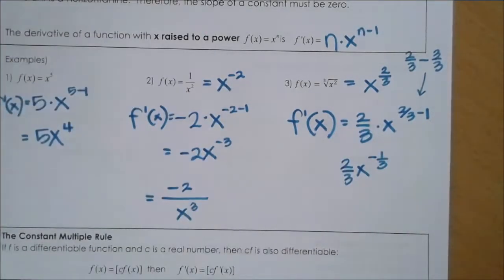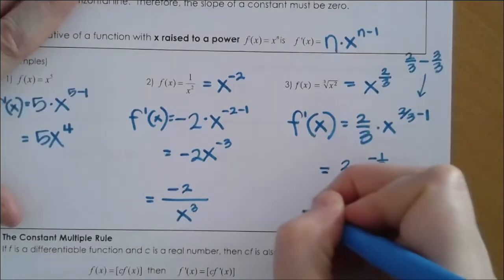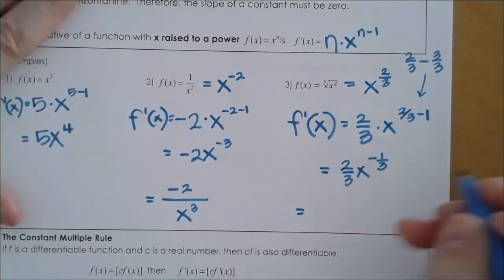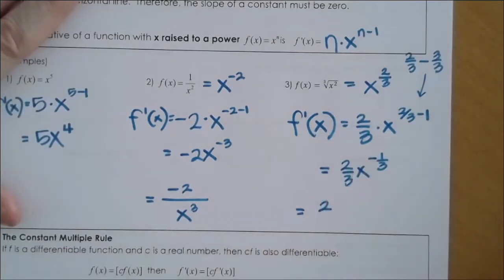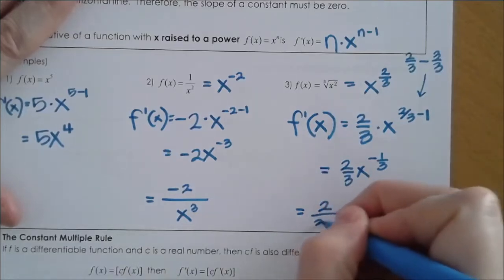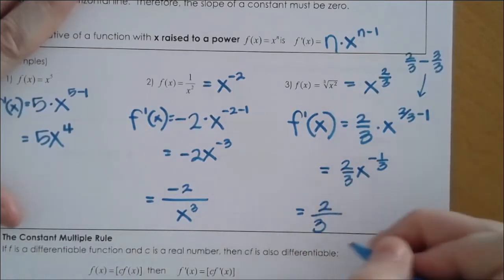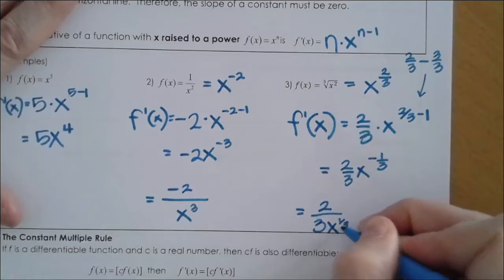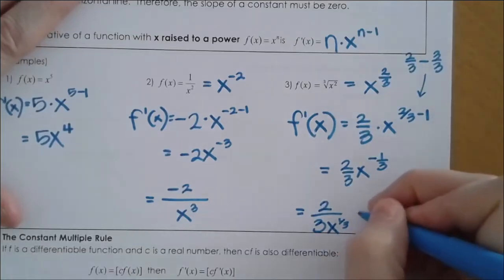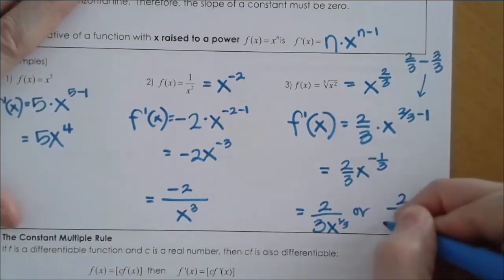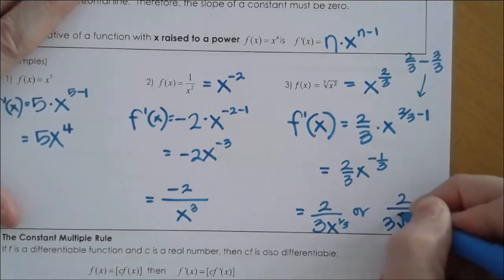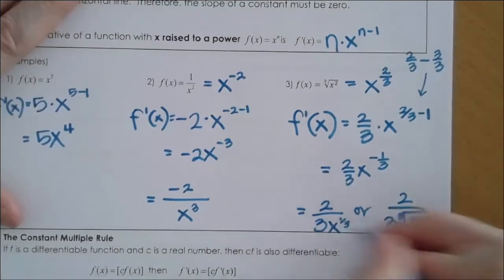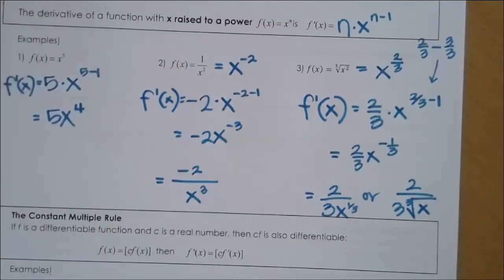Again, we don't want to have negative exponents in our final answer, so 2 is the numerator, 3 is the denominator, the x is going to jump down to the bottom. You can leave it in this form, or you could write it as 3 and then cube root of x. Either one of these mean the same thing.